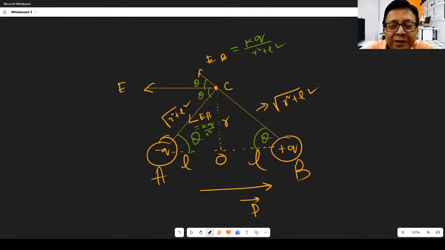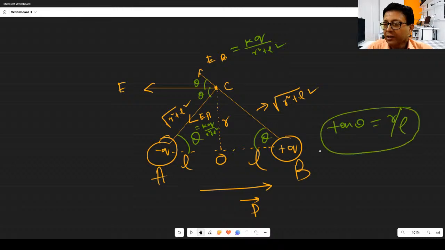KQ by, am I right? I haven't used anything new. Okay? So 2 theta is the angle. What is cos theta over there, or tan theta in the diagram? R by L. Okay?